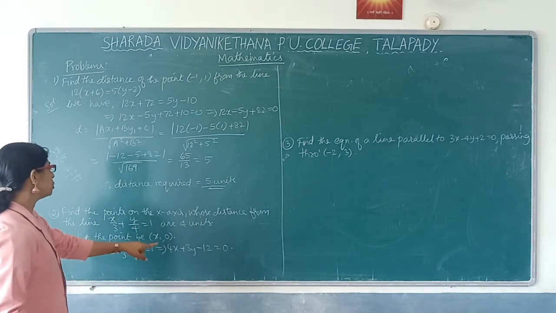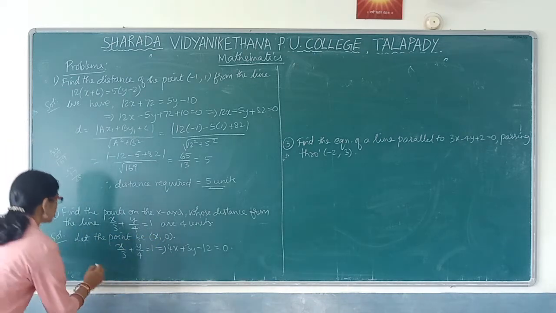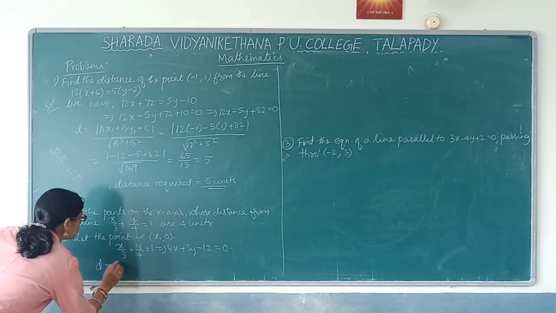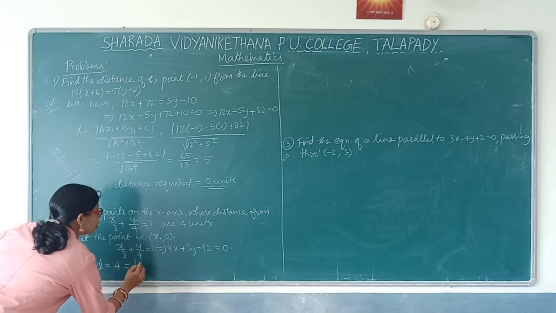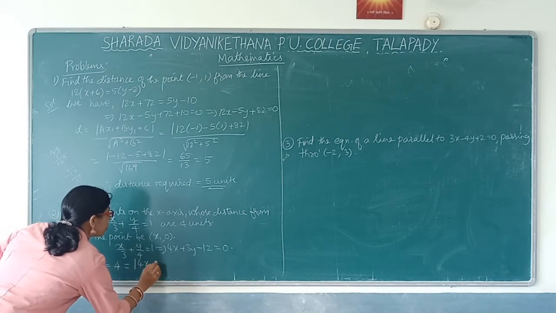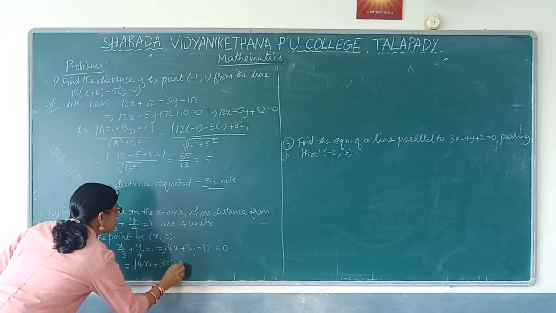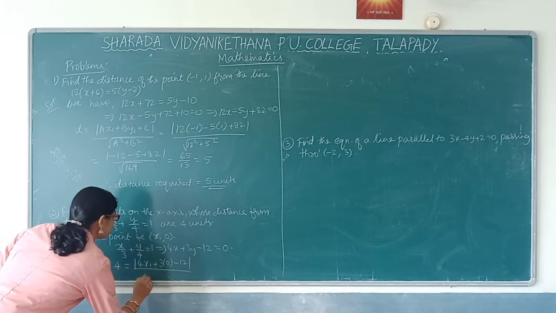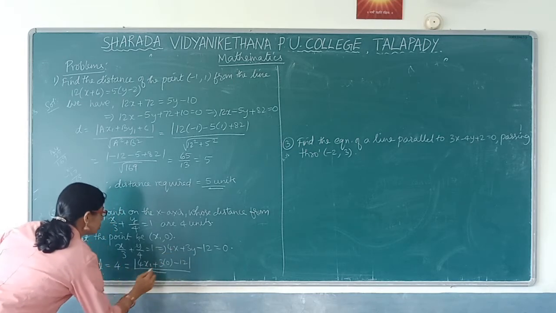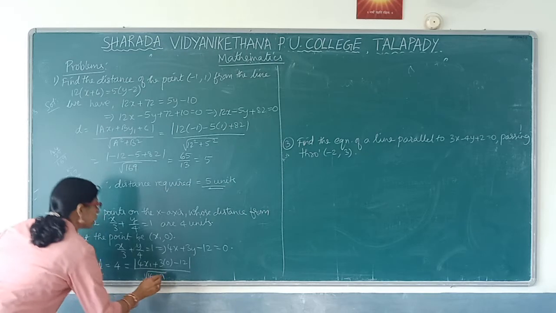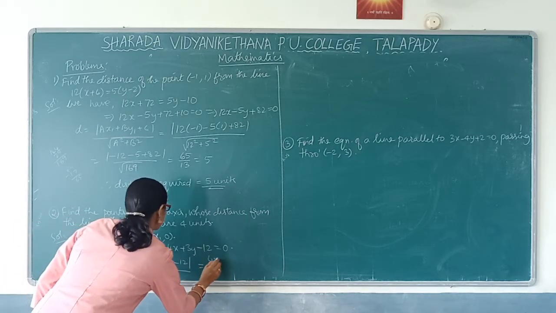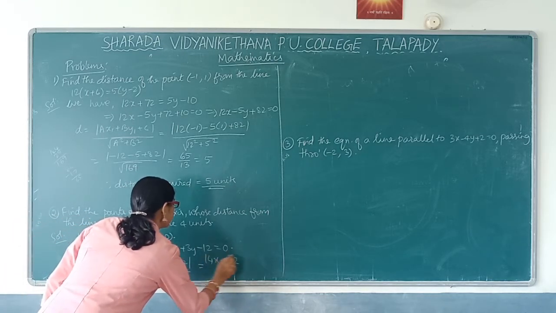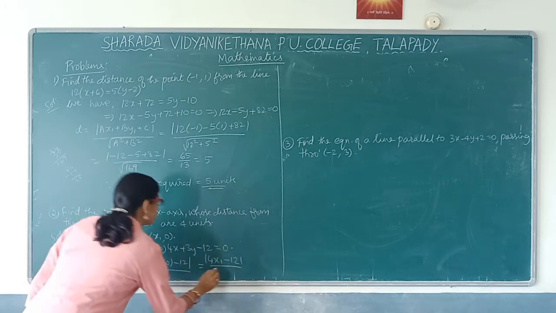Now you have to substitute this in this and find the distance. Distance is given already. D is equal to 4. What is that? Modulus of 4x1 plus 3 into 0 minus 12 divided by root of a square plus b square, 16 plus 9. What is that? 4x1 minus 12 divided by, this is 5.